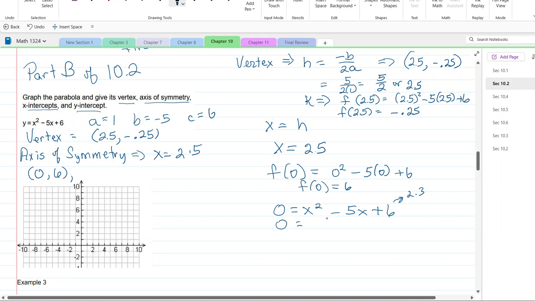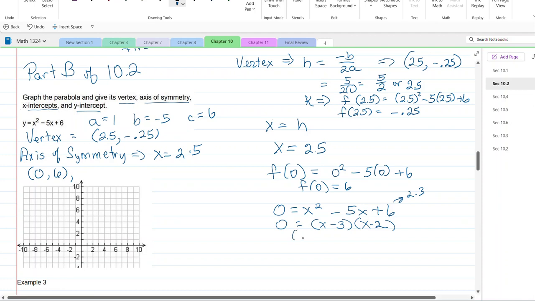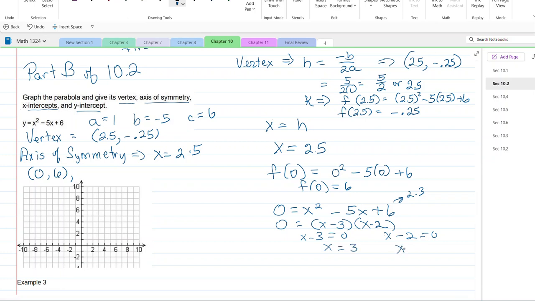So 0 equals (x minus 3)(x minus 2) to get that negative 5 in there. So then I'm doing x minus 3 equals 0 for one of my intercepts, and x minus 2 equals 0. So x is 3 and x is 2. (3, 0) and (2, 0).